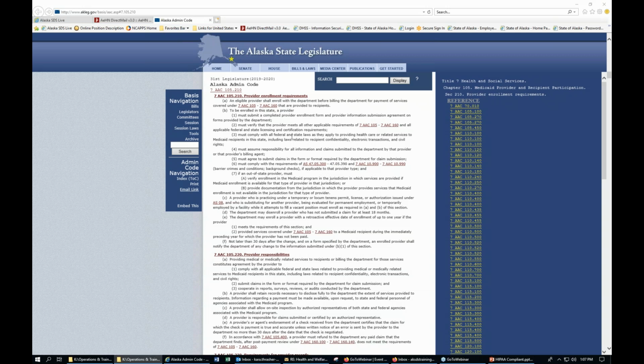So provider enrollment, particularly, it is in number 3, complying with federal and state laws as they apply to providing health care or related services to Medicaid recipients. So the 105 is our overarching Medicaid regulation set, and that's one place where you'll find it. Everybody who's certified as a provider is working with the 105 or under the 105.